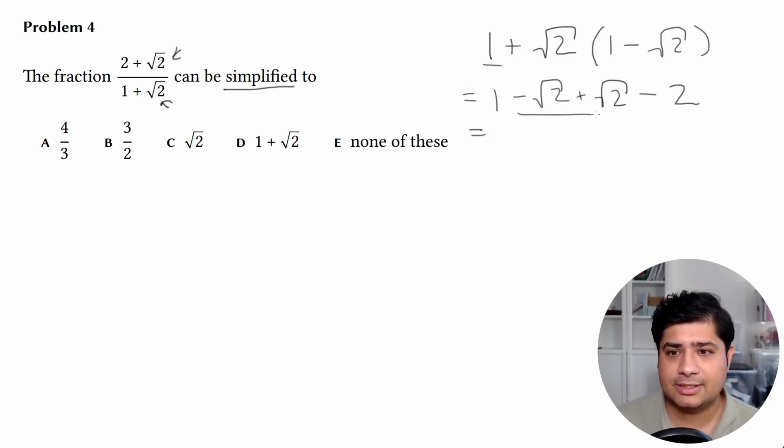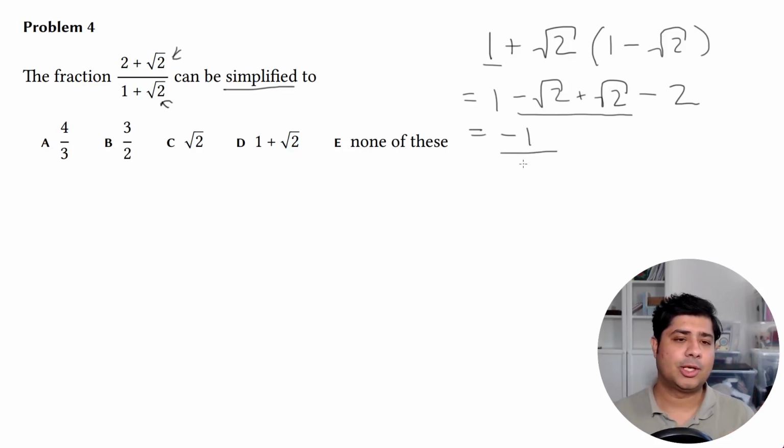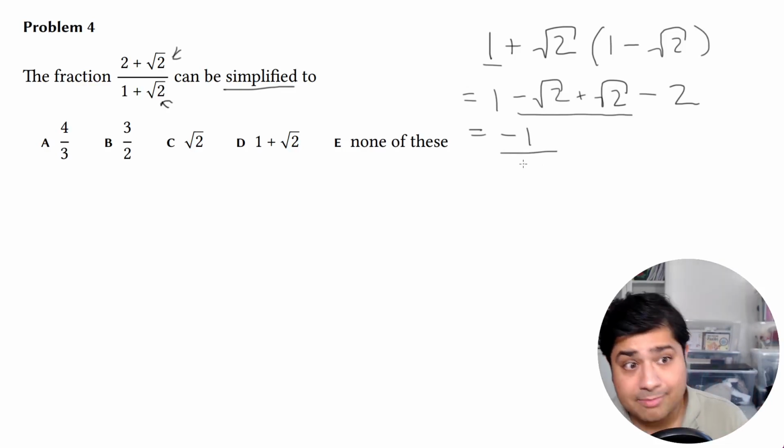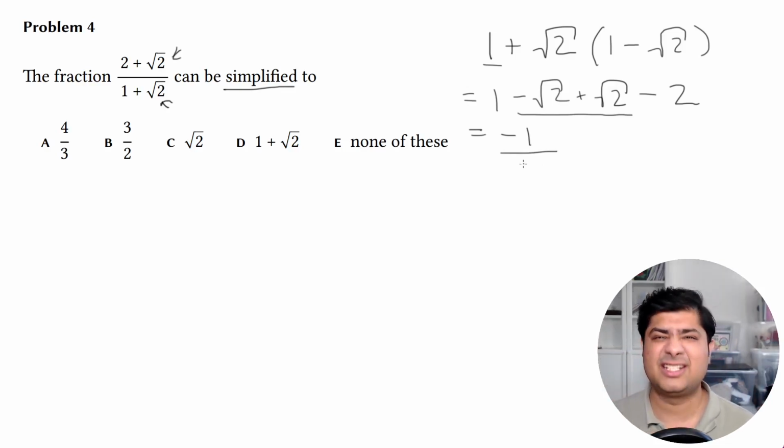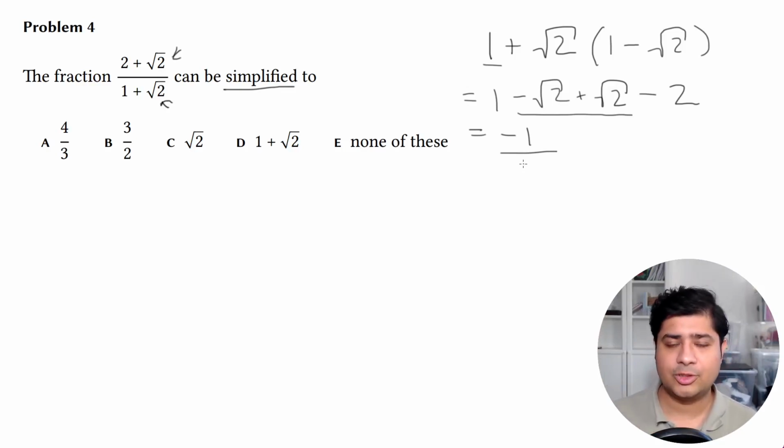There we go. And what do we get from this? Well, these two things cancel each other out. We get negative 1 from this. Now, this is exactly what we want. So how can we do this without messing up the fraction and making it a different value? We've got to make sure that the numerator and denominator are handled in such a way that the value of the actual fraction doesn't change.